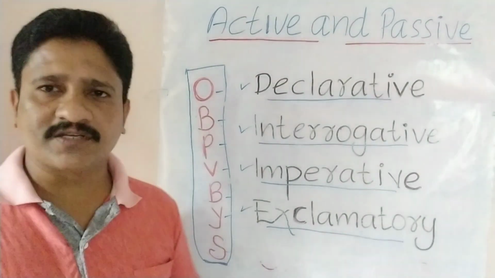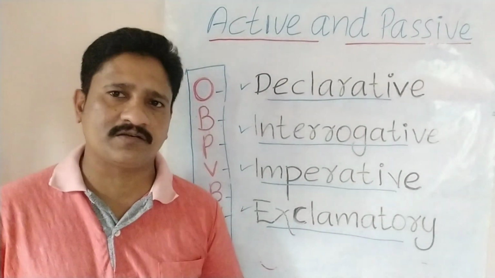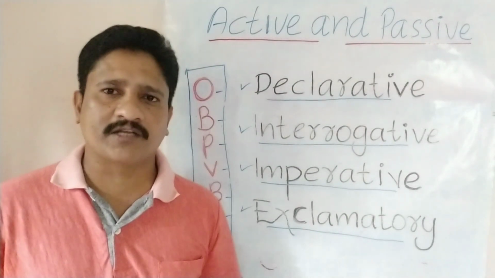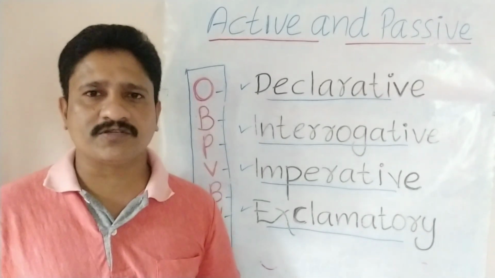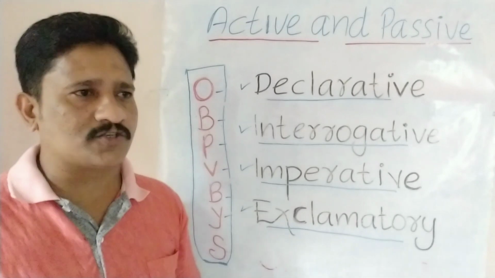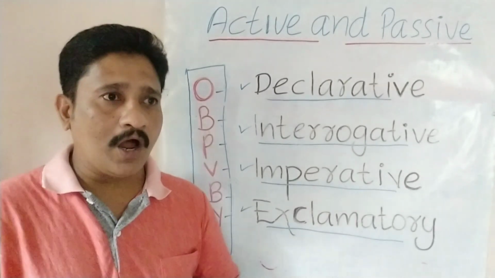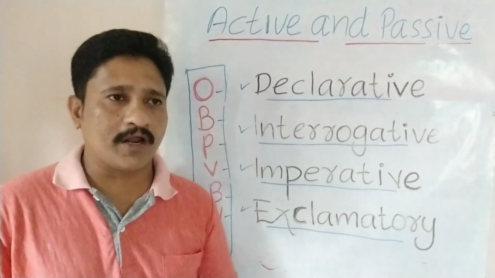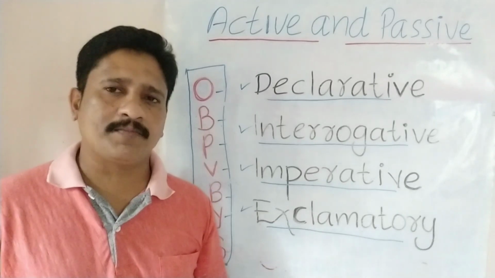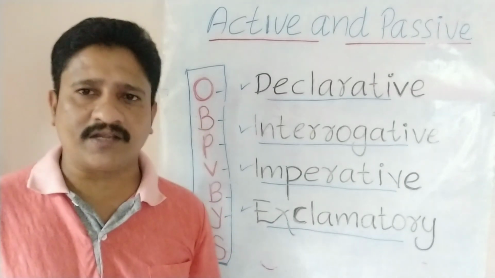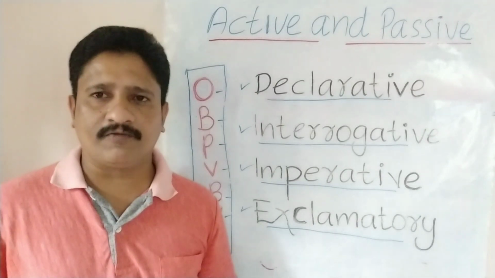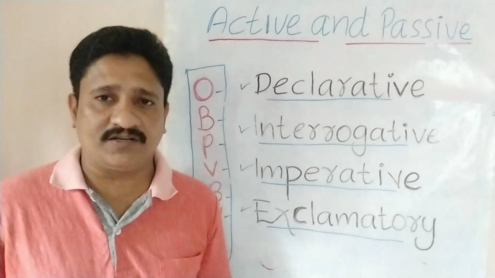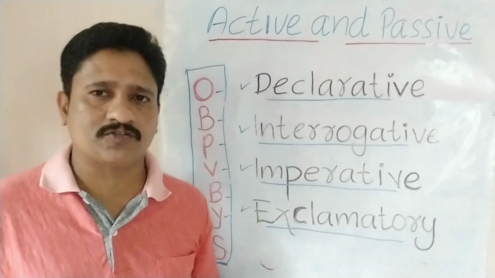And exclamatory sentences consist of sudden expressions of your feelings or emotions. When you see a beautiful place, you may say, wow, what a beautiful place it is, what a wonderful place it is. It can express your surprise, sudden feelings of anger, grief, sadness, shock, and so on.